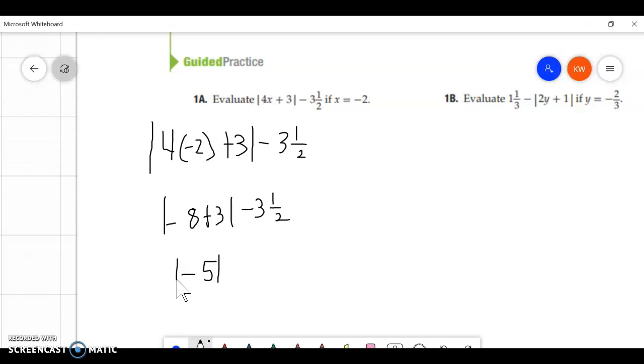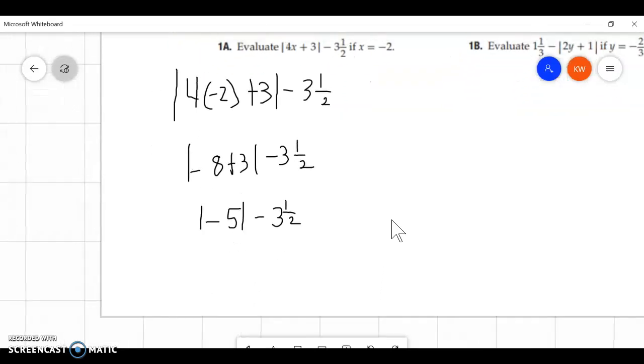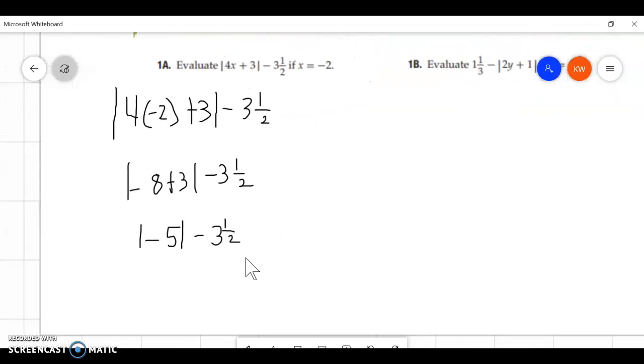So, we got -5 in the absolute value bracket, -3 1/2. All right. Our next step is that we're going to take the absolute value of -5, and then we're going to get that answer and subtract it from 3.5. So the absolute value of -5 is 5, and 5 minus 3 1/2.